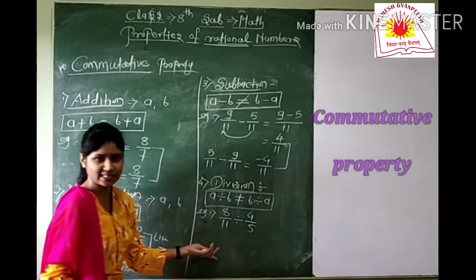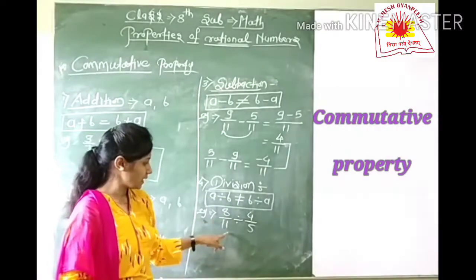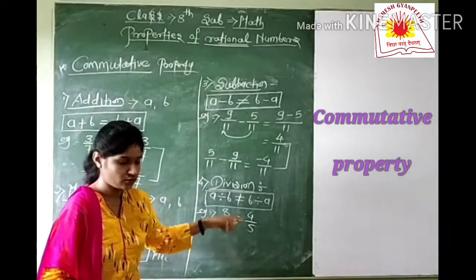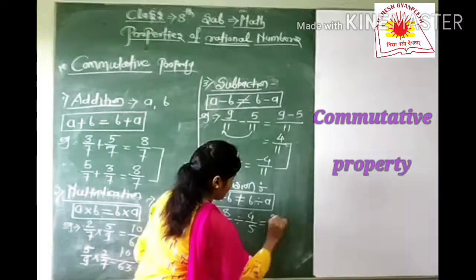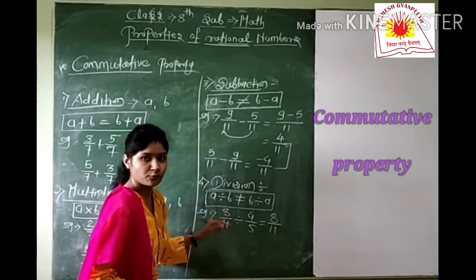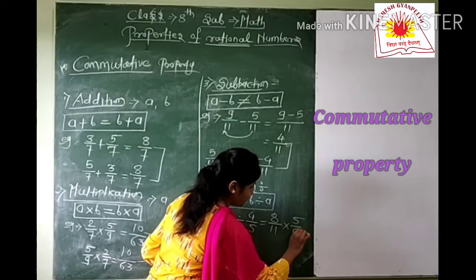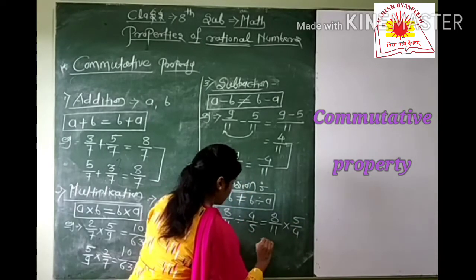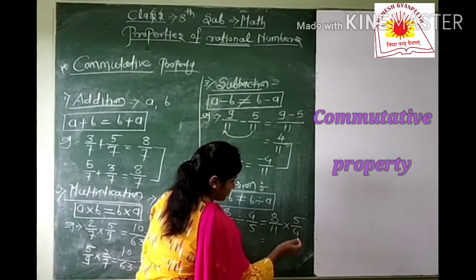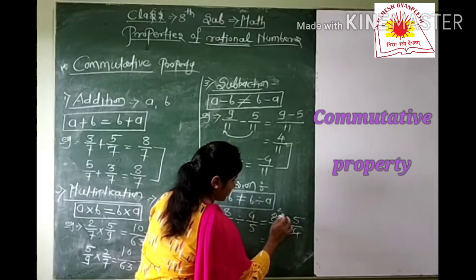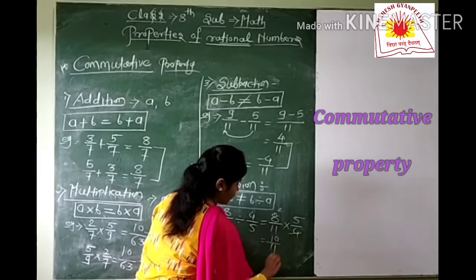Take any other example as you wish. Solve it. The reciprocal of 4 upon 5 is 5 upon 4. Then 8 and 4, 2s are divisible, and 5 2s are 10 upon 11.